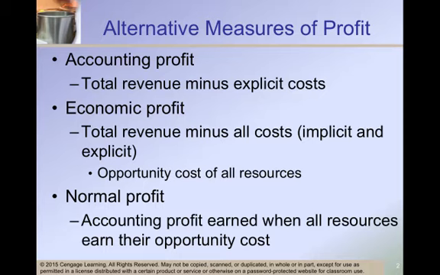Notice economic profit actually includes some extra stuff. It includes those implicit costs, so it's the opportunity cost of all resources. We have a term called normal profit, and this is the accounting profit earned when all resources earn their opportunity cost.